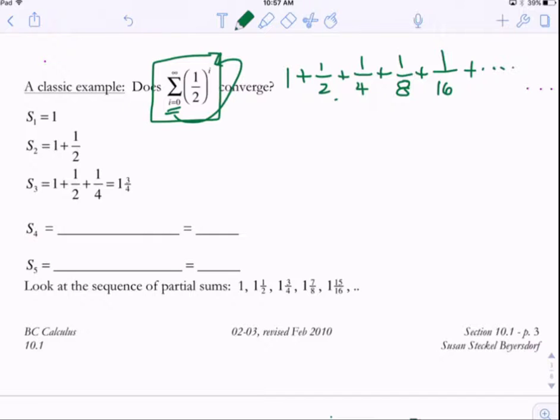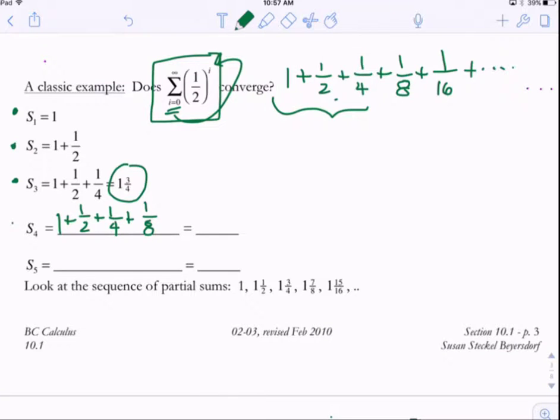So let's look at the partial sums. First partial sum is the first term. Second partial sum is the first two terms, 1 1/2. The third partial sum is the first three terms. I did the math for you. It's 1 3/4. The fourth partial sum is the sum of the first four terms. So it's what I had before plus another eighth.